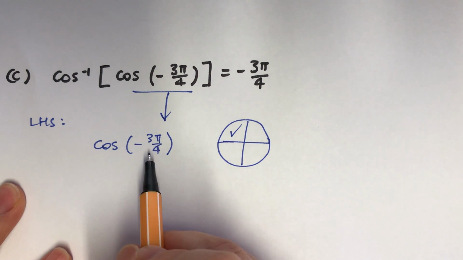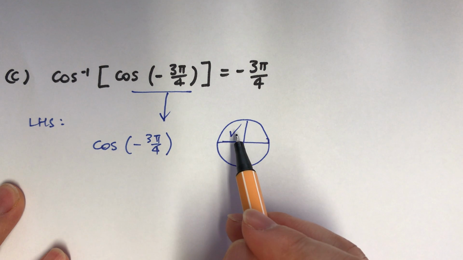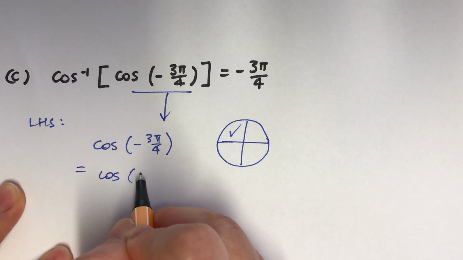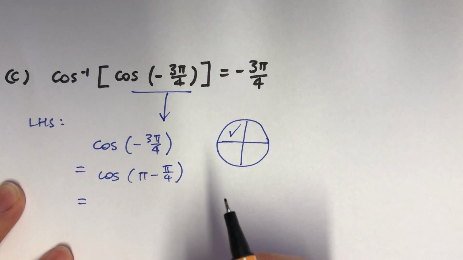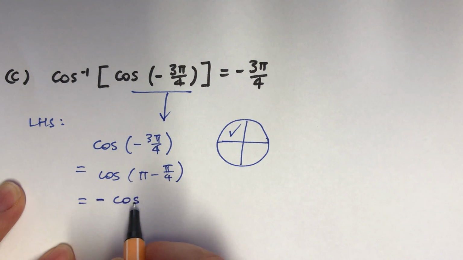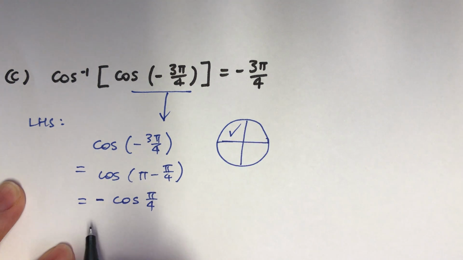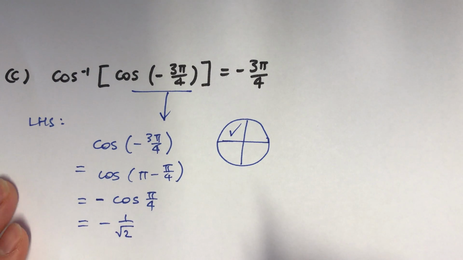Because 3 pi over 4 is second quadrant, and it's going to be negative. So it's going to be cos of pi minus pi over 4 will give us 3 pi over 4. I'm going to go minus cos pi over 4. Why is it minus? Because it's a second quadrant, which is minus 1 over root 2.